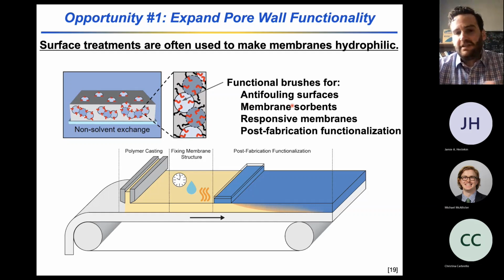I know that Professor Christine has a very nice webinar on separating radioisotopes using membranes and the impact in radiomedicine of membranes. These membranes can also be responsive in a variety of other things. And so I think this addition of chemistry on top of structure is a real opportunity.